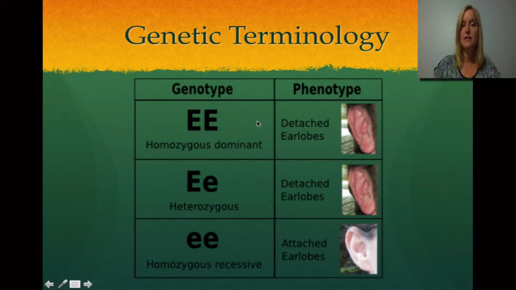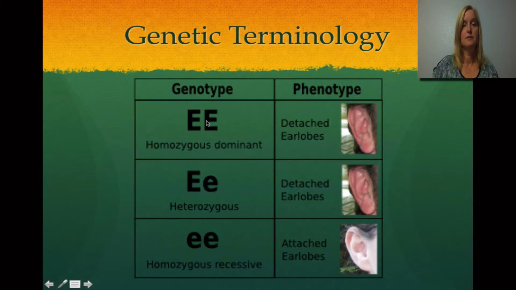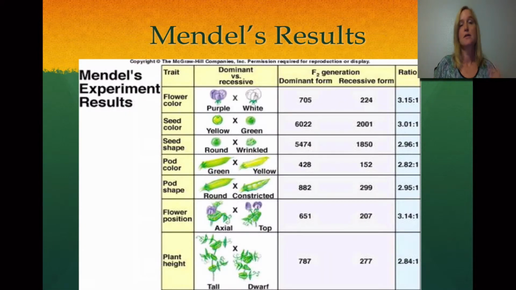In our lettering system, we generally go with the trait that we're looking at. In this case, the trait is earlobes, and so the capital E has been used to designate earlobes. Now, over here, for the flower color, we might use a capital P because the purple is dominant.